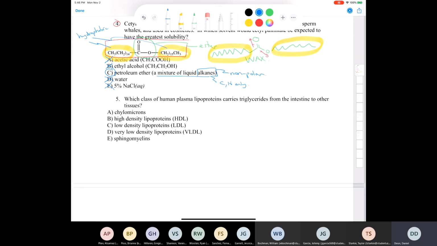And so you're expected to have a bit of an idea about the function of each one of these lipoproteins, and it's in fact the chylomicrons is where the lipids start, right? They take the lipids that are packaged through the intestine, and then it carries them through to other tissues. So the answer to that one is chylomicrons.